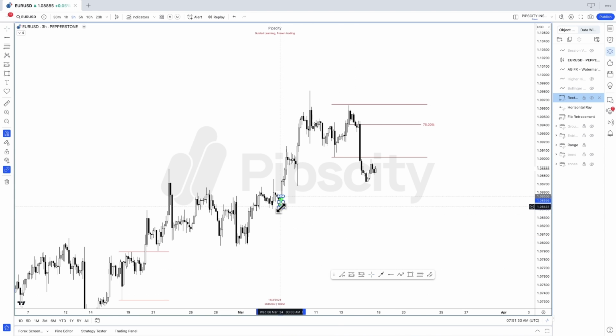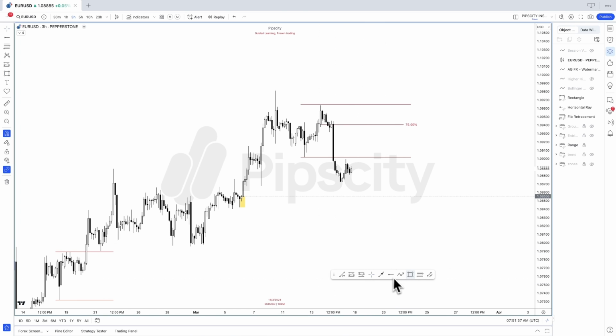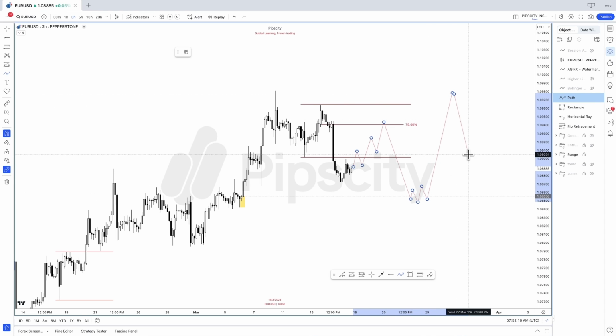So this is my unmitigated range. I want to see price gradually pull back into this level, and then finally come here, give a confirmation, and then go back to the upside. So this is what I want to see.